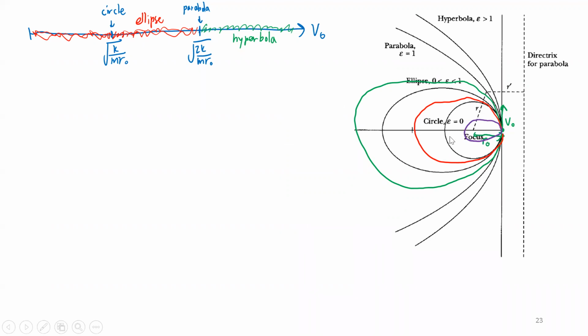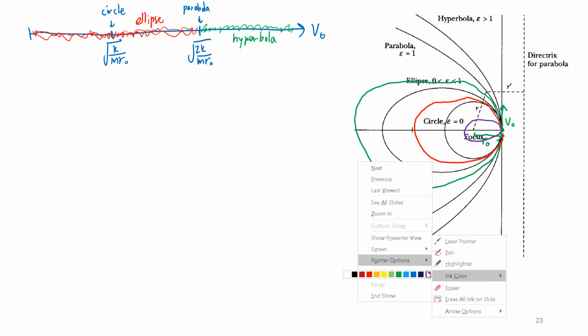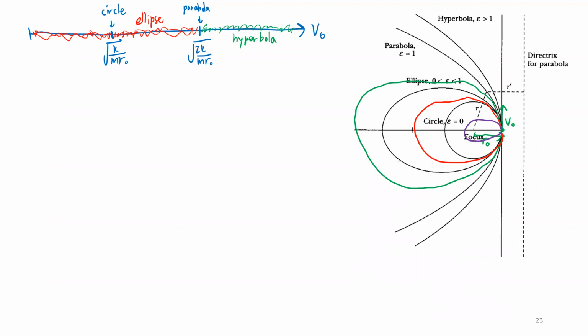But what is the significant difference between this purple ellipse and all the ellipses that are outside? Let me again label the point of the focus. This is the source of the force, remember.